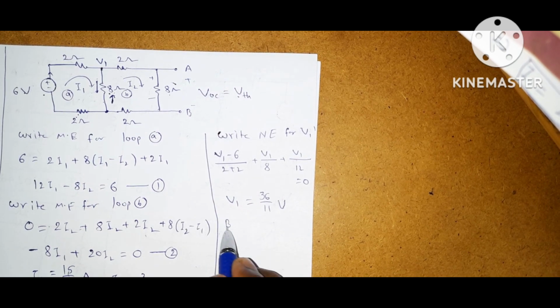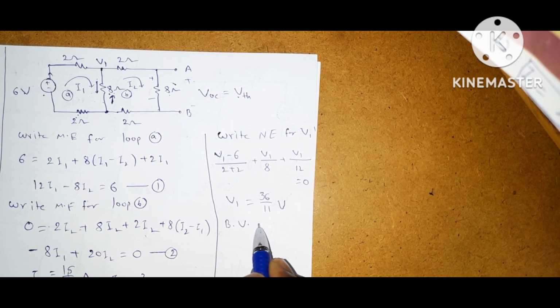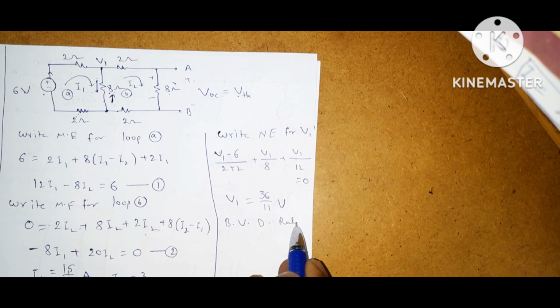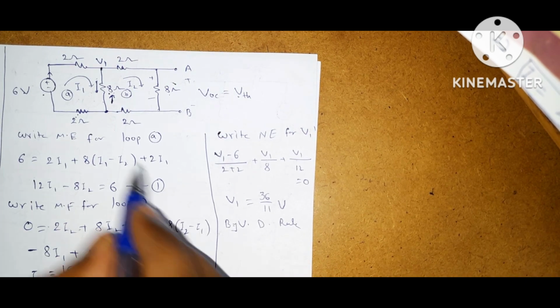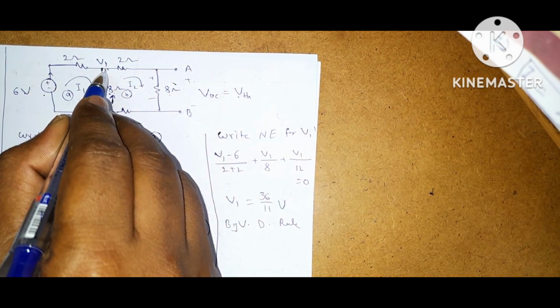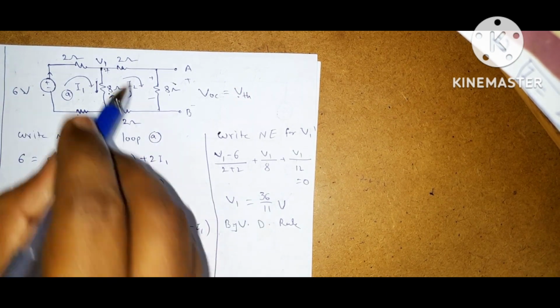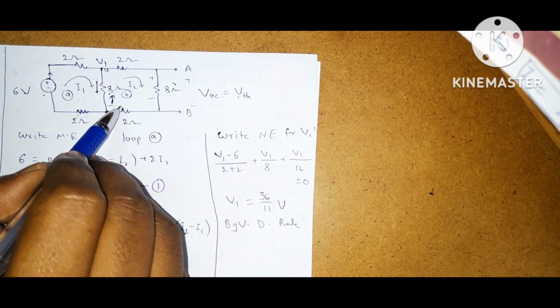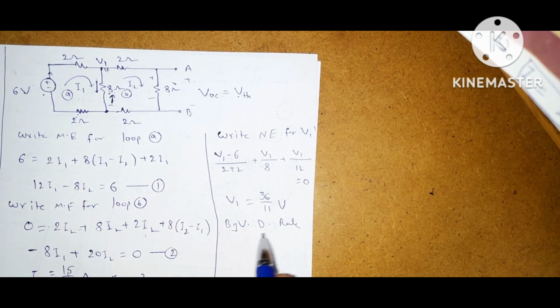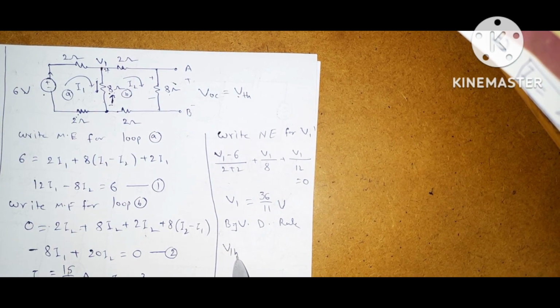Now by the voltage division rule, the voltage from here to here is 36 by 11 volts. These 3 are connected in series, so you can apply the voltage division rule. So what is VThevenin now?